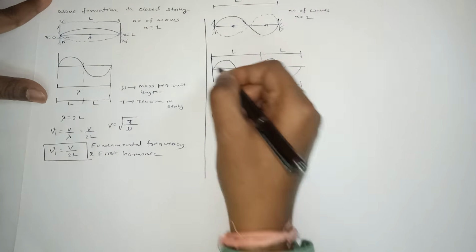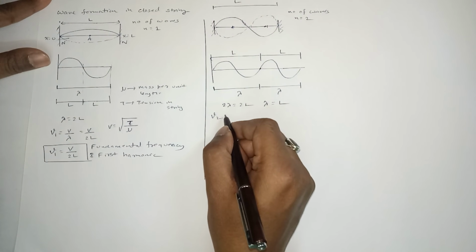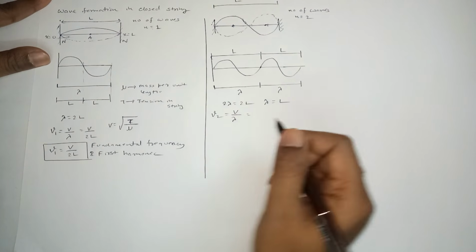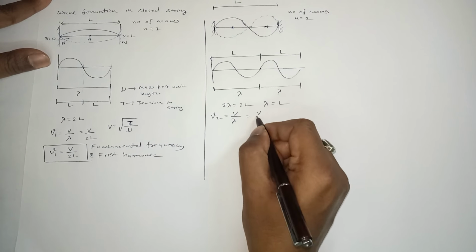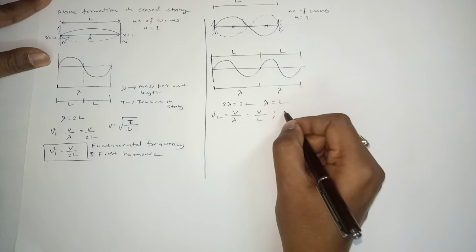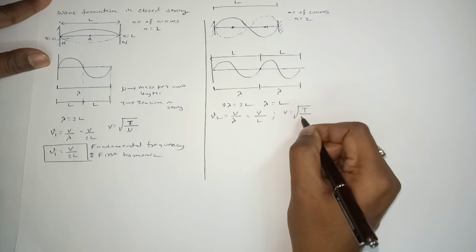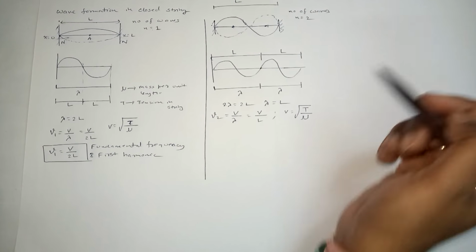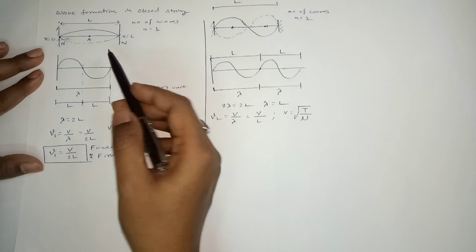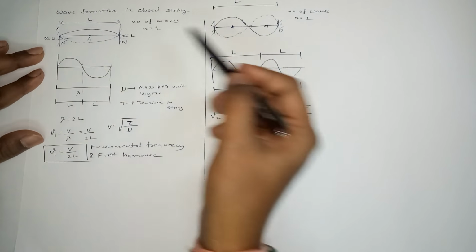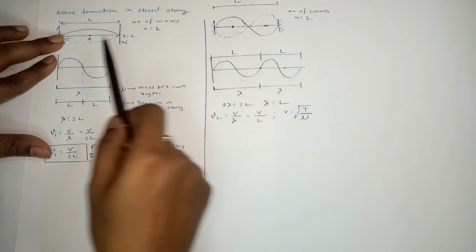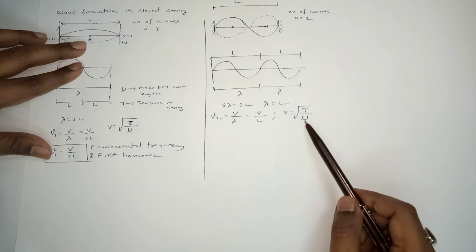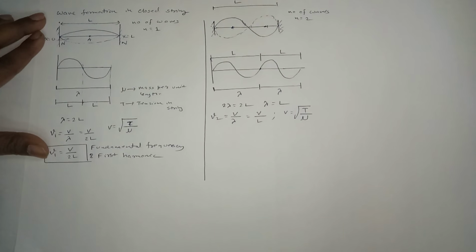The frequency for this case, mu2, will be equal to V upon lambda, and since lambda is equal to L, that is V upon L. Again, V will be equal to under root T upon mu. T is whatever the tension is in this string, and mu is the mass per unit length. Since it is the same string, in the first case we plucked it once, in the second case we are plucking it twice, so tension and mu remain the same, and the velocity doesn't change.